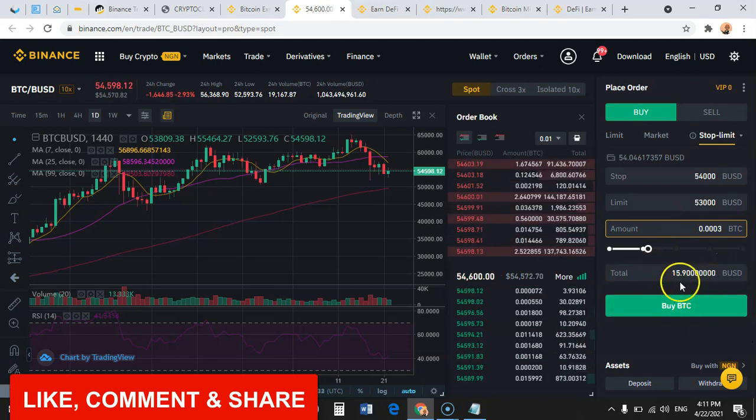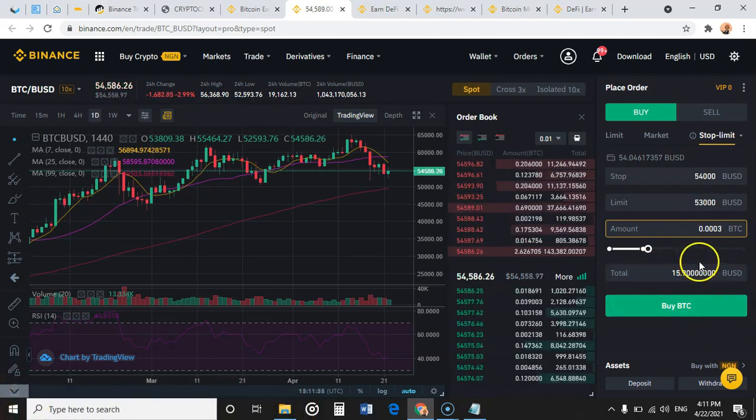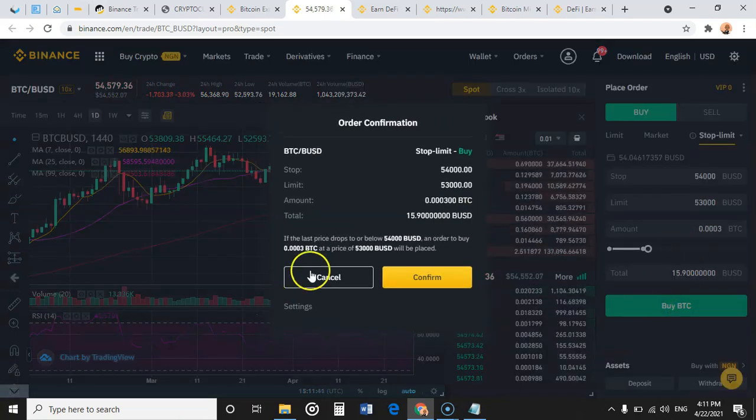Now this is the instruction. I can also click buy BTC. Now it says if the last price drops to or below $54,000, an order to buy 0.0003 Bitcoin at the price of $53,000 will be placed.